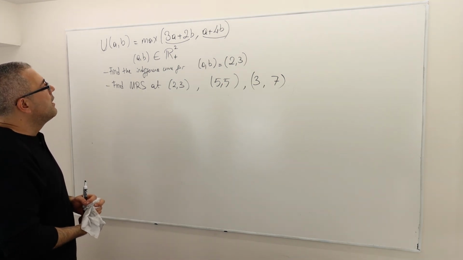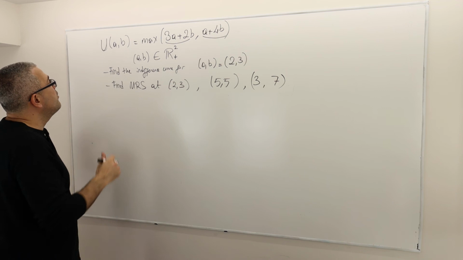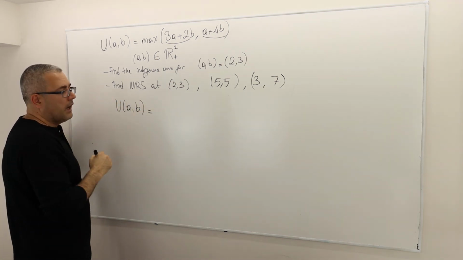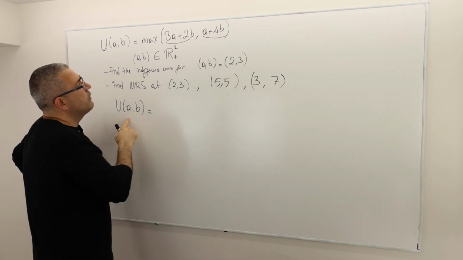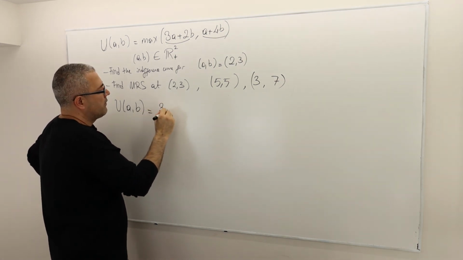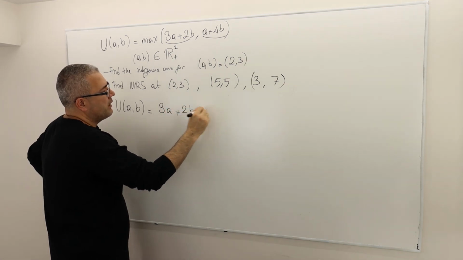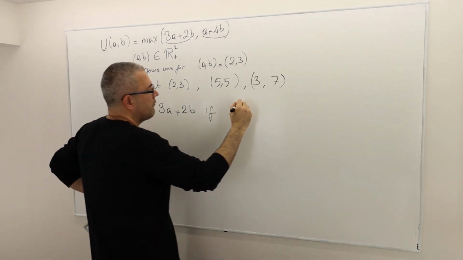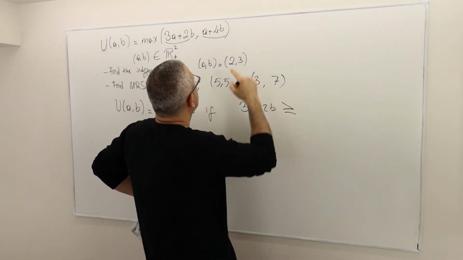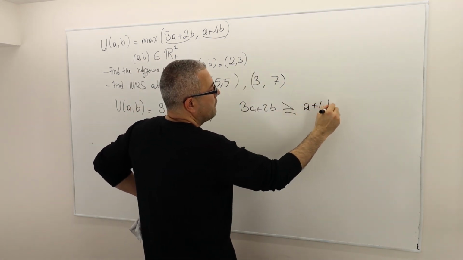Well, simple. Once again, you have to write down the utility function in this form. So utility of (a,b) is equal to 3a plus 2b if 3a plus 2b is greater than or equal to a plus 4b.